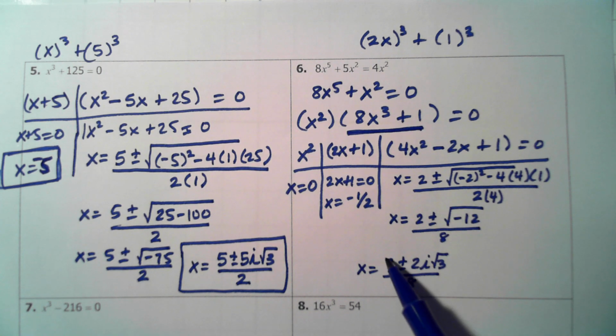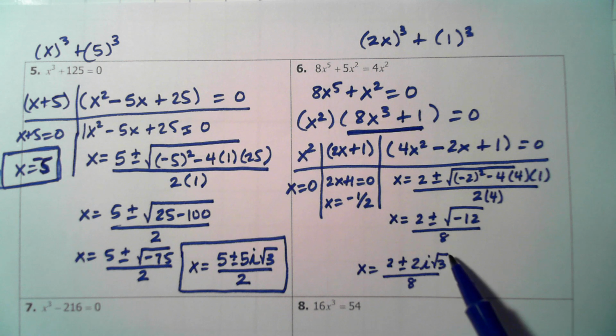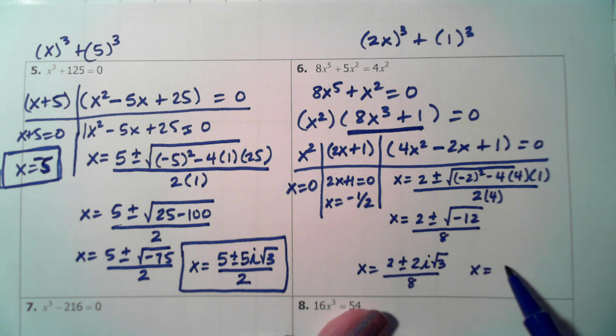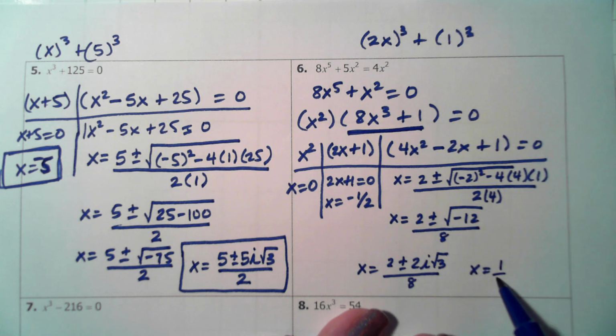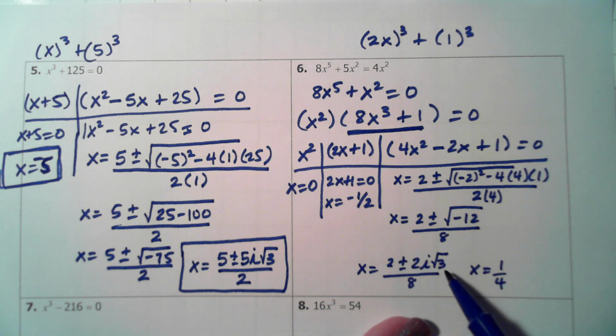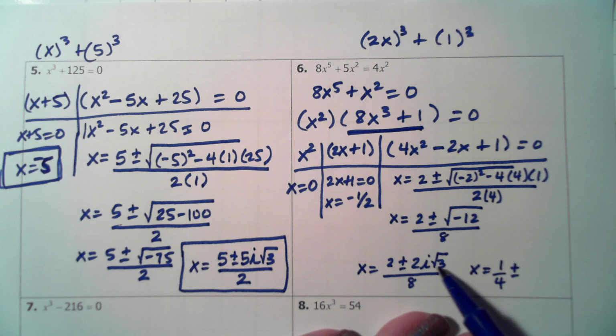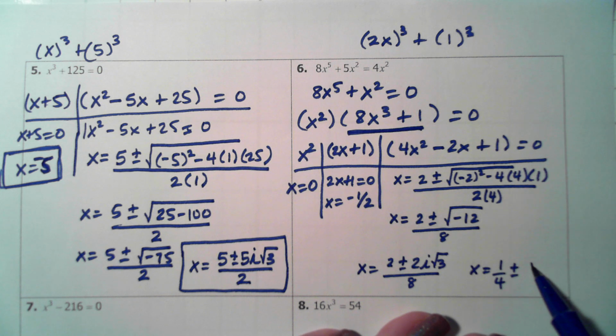Now this simplifies, because this is 2 over 8, and it is 2i root 3 over 8. So this time I'm going to write out what I would have. I'd have 2 over 8, which is 1/4, and I'd have plus or minus 2 root 3 over 8, which happens to be root 3 over 8 i.